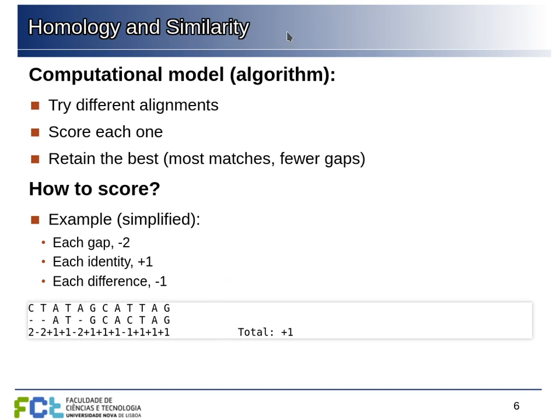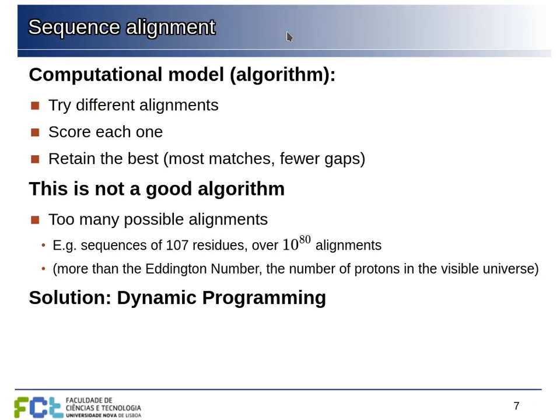So we are multiplying all these combinations, and basically if we have, for example, about 100 residues, we already reach the number of protons in the visible universe as the number of combinations, the number of possible alignments we have. So clearly, we cannot just do this exhaustively, checking all possible alignments to find the best one.